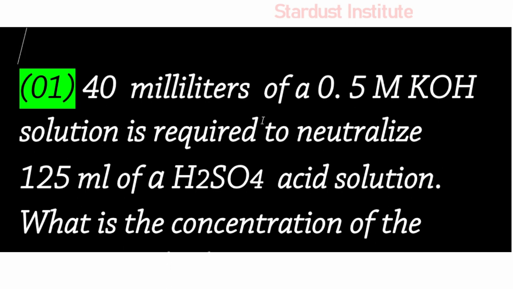40 milliliters of a 0.5 M KOH solution is required to neutralize 125 milliliters of a sulfuric acid solution. M means molarity. That means there are 0.5 moles of potassium hydroxide in 1 liter, or 1000 milliliters, of this potassium hydroxide solution.